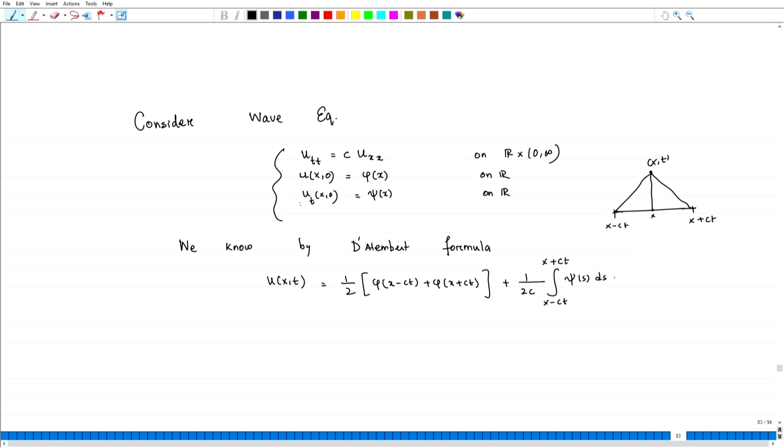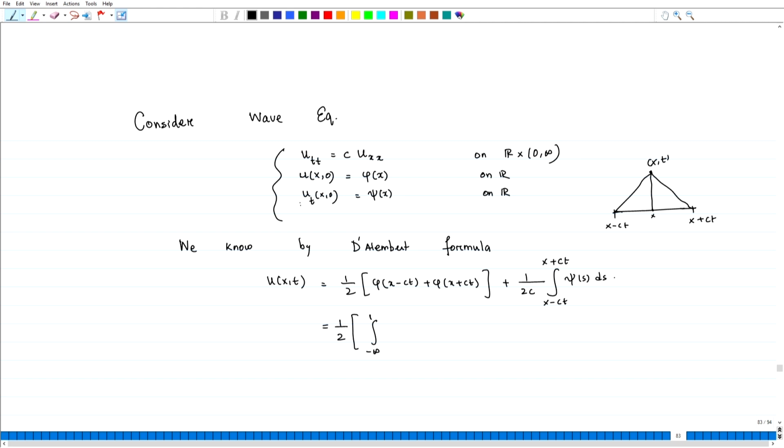Okay. So, this is what we know. Now, how does one interpret this formula with the help of the Fourier transform? That is what we are interested in finding out. As we have mentioned, we are taking this to be a nice class of functions, so we write the Fourier inversion formula for phi.